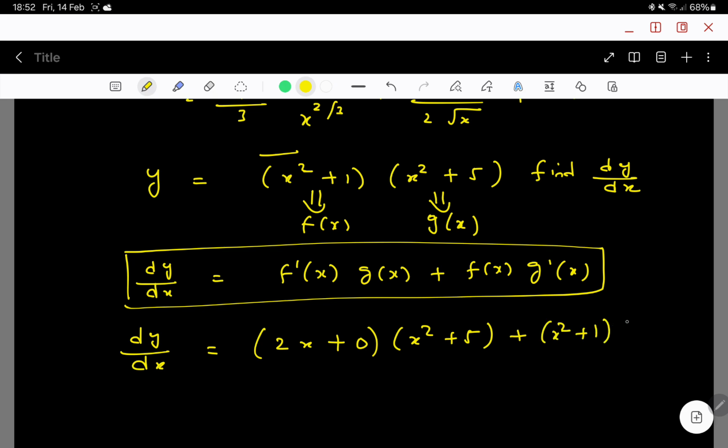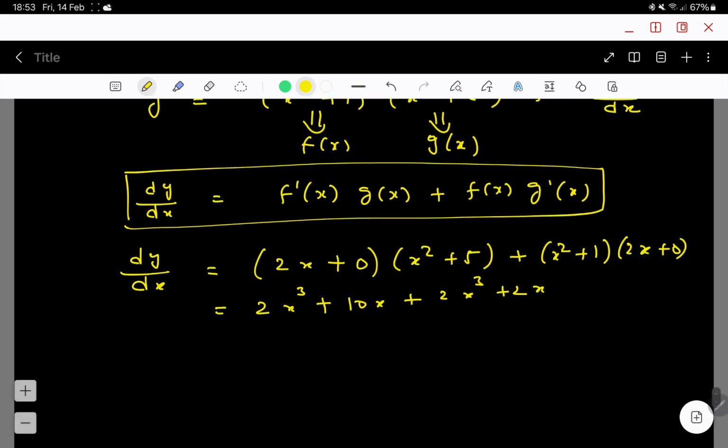Now differentiating x square plus 5, 2x plus 0, so we multiply, we get 2x cube plus 10x, again multiply 2x, we get 2x cube plus 2x, okay, so we get 4x cube. So adding the like terms, plus 12x, okay.